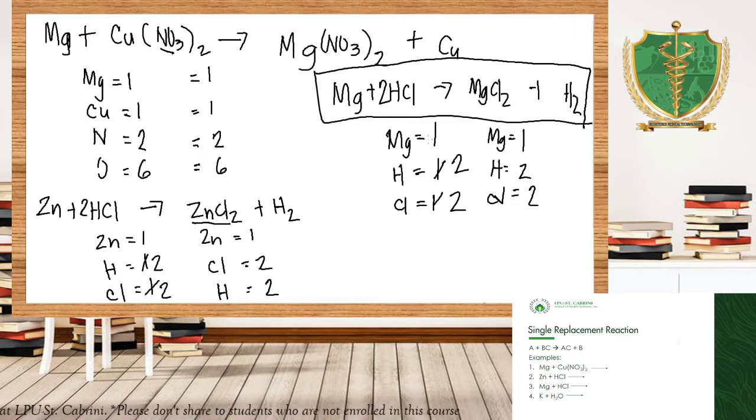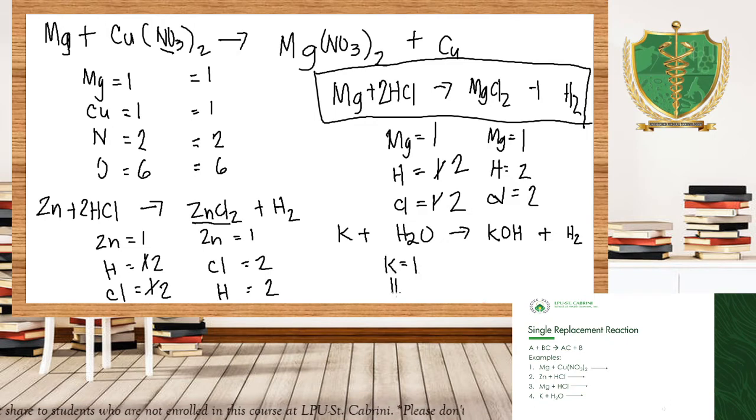Okay? Another example is we have potassium plus water. Will give you what? Potassium hydroxide plus hydrogen, I'm sorry. So again, ilang potassium? 1. Ilang hydrogen? 2. Ilang oxygen? 1.